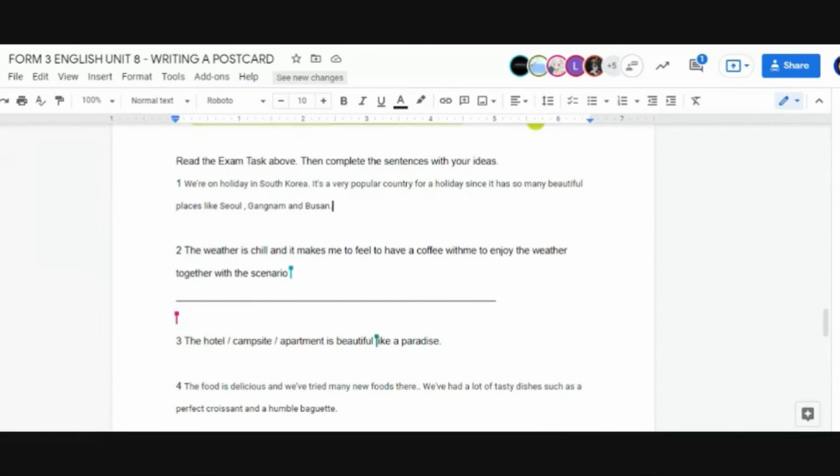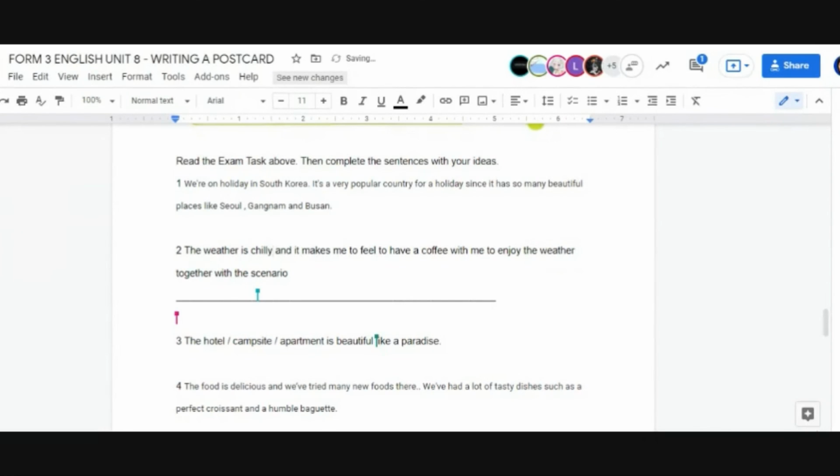The weather is chill and it makes me feel to have a coffee with me to enjoy the weather together with the scenario. If possible, we don't use the same word again in the same sentence. Understand? The weather is chilly here.